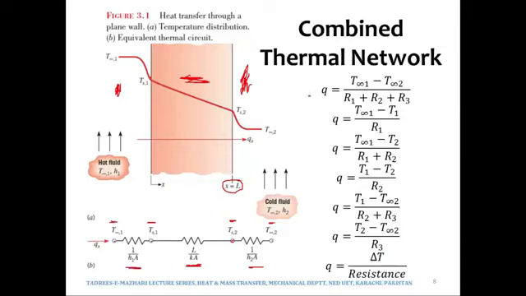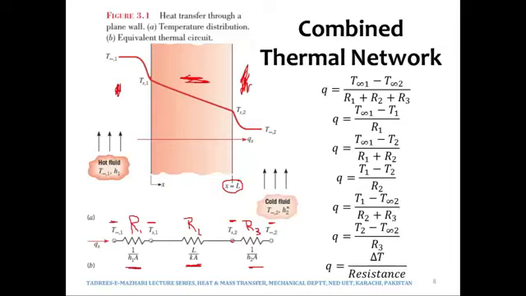Now how can we write Q in this case where we have more than one mode of heat transfer? If we call this first resistance R1, this resistance R2, and the third resistance R3.